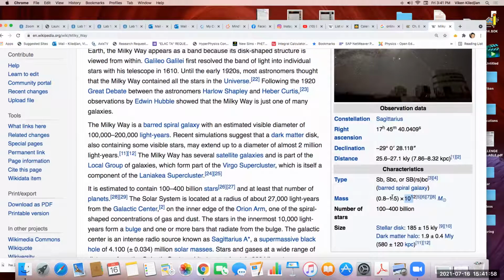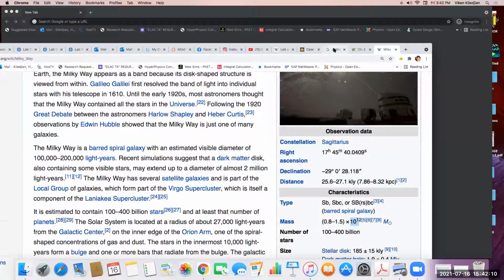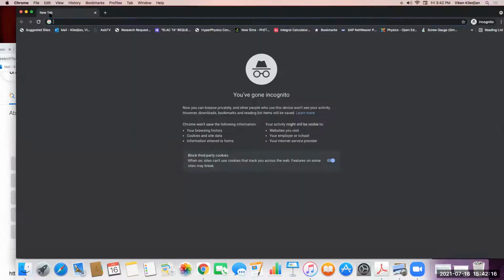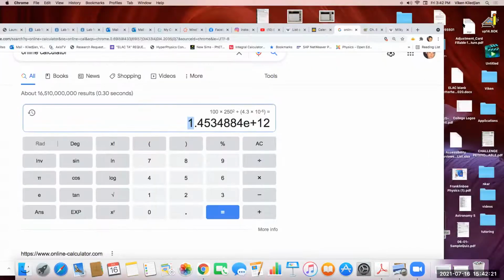So what did I get? On my approximate calculation, I got, where was that number I got? 1.45 trillion. So that's only the mass up to where the sun is. So I'm in the ballpark.